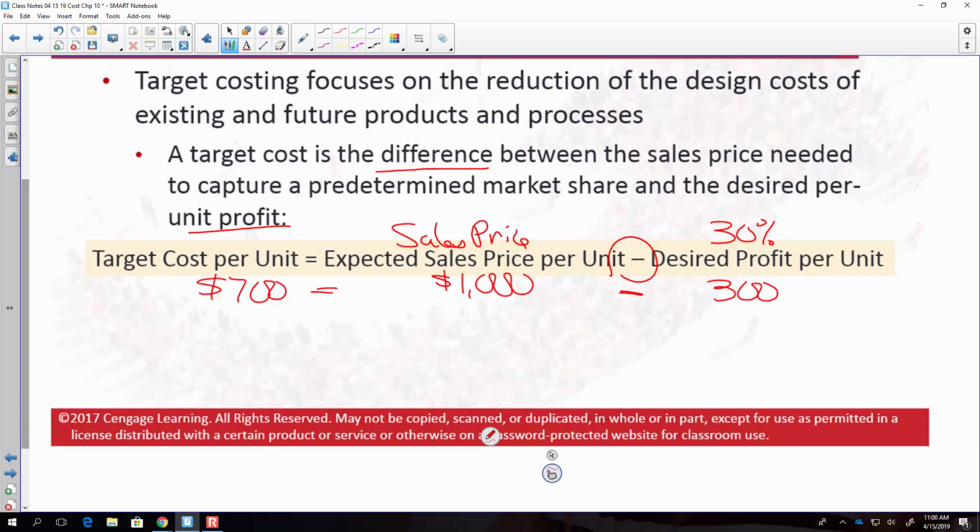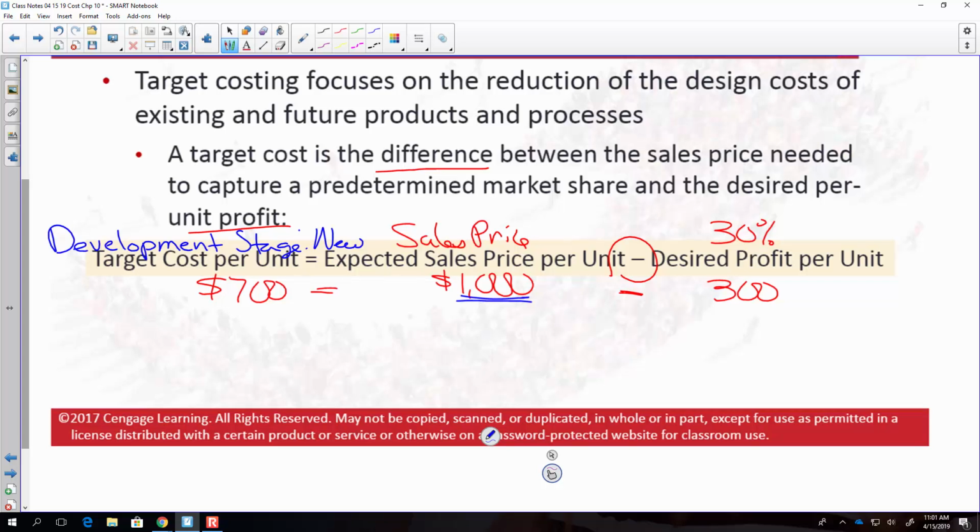Now, where is this used? Target costing is used in the development stage. There are companies that want to start new products, right? Well, they won't do this production unless, obviously, we can get a sales price.